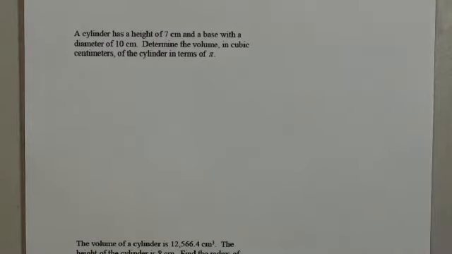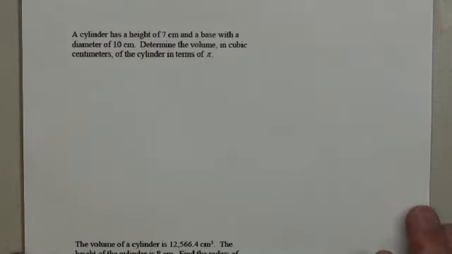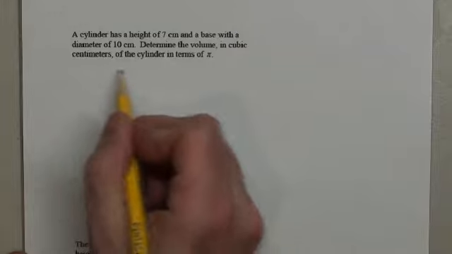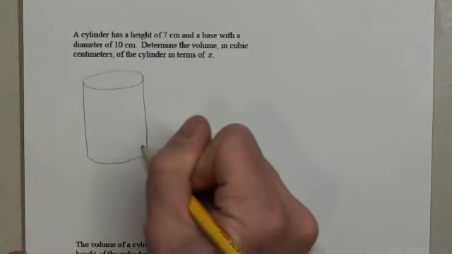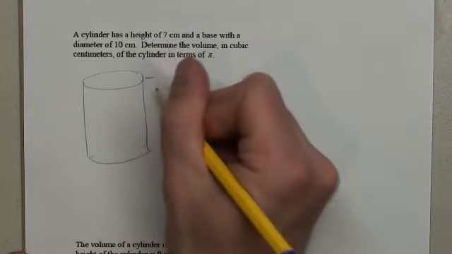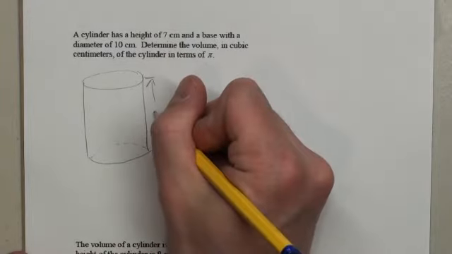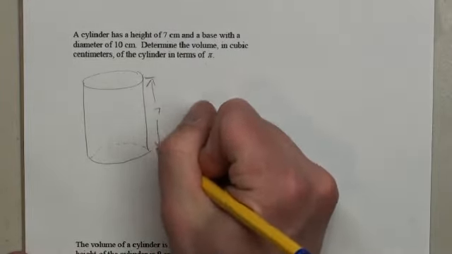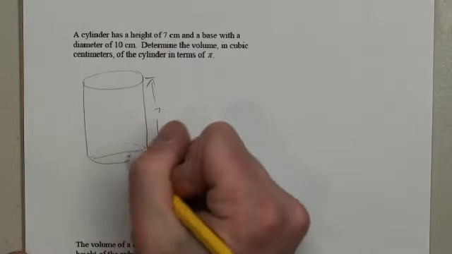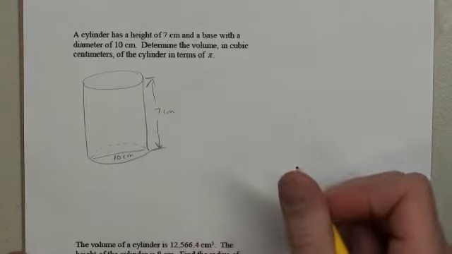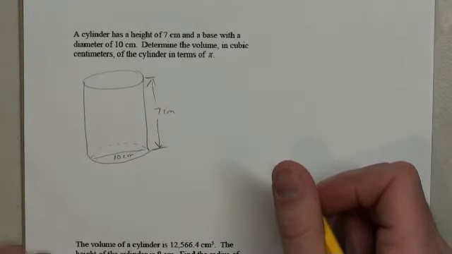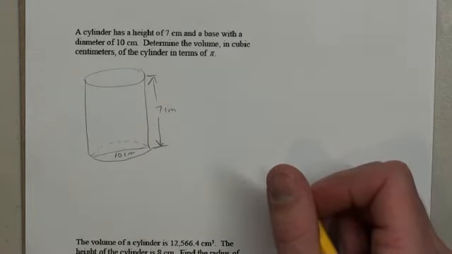Okay? A cylinder has a height of 7 centimeters and a base with a diameter of 10. So let's draw a quick picture. It's got a height of 7 and a diameter of 10 centimeters. Determine the volume in cubic centimeters.